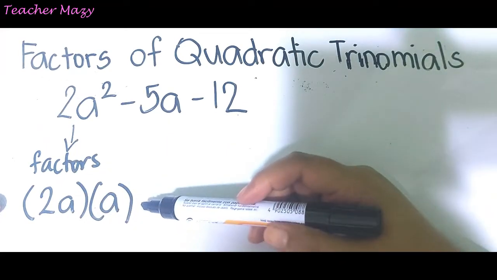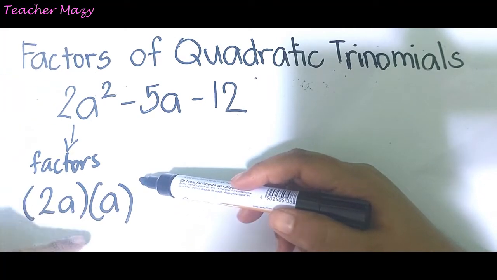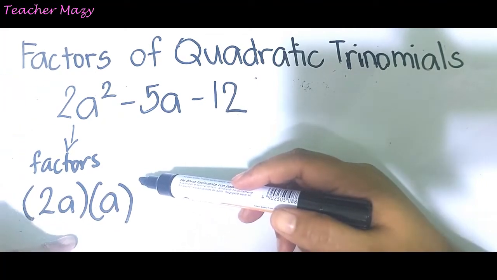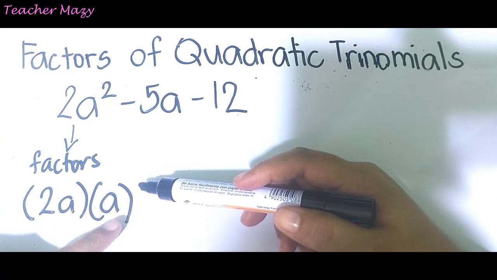If the numerical coefficient of the first term is 2, the factors are always like this: 2a times a. There are no other factors other than this.